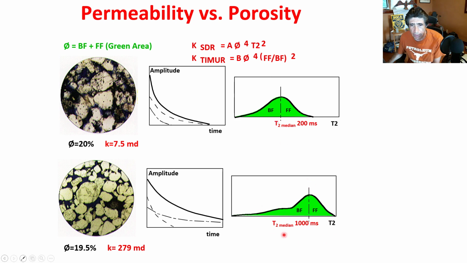In one case it is 1000 milliseconds, in the other case it is 200 milliseconds, indicating that the average pore size in the rock at the top is smaller than the average pore size of the rock at the bottom, and that explains the differences in permeability.